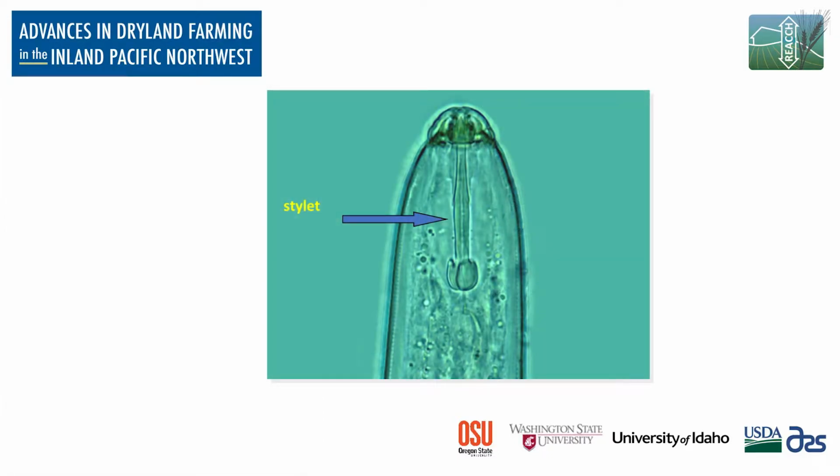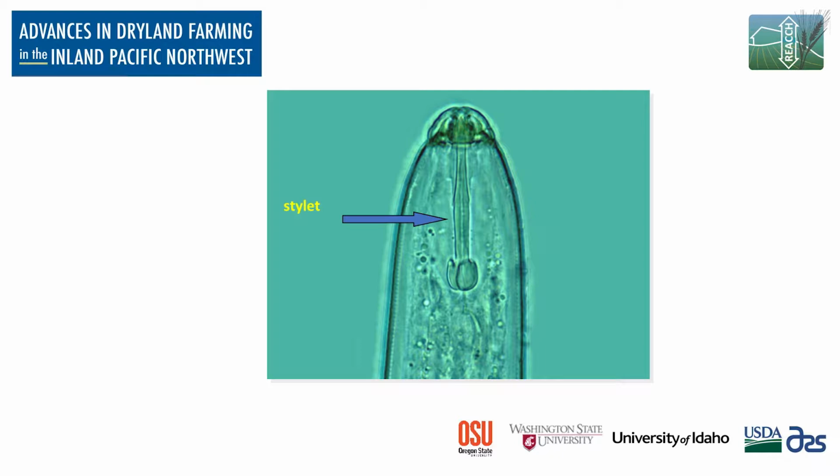Okay, this picture here shows you a close-up of the nematode mouth part. Now, one of the things I want to say is that nematodes are probably the most diverse and widely numerous invertebrates in the soil. And they form a lot of important ecological functions. So they feed on other fungi, they feed on bacteria, they feed on other invertebrates. So it's really only a small subset of those nematodes that can attack plants.